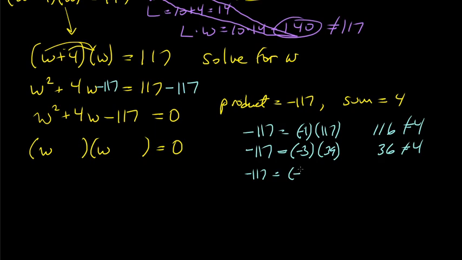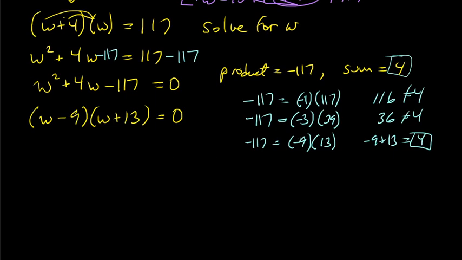What about 7? Nope. 8? Nope. Try 9. Yep. 9 times 13 is 117. So negative 9 times 13 is negative 117. And negative 9 plus 13 is positive 4. There's our match. So the two numbers are negative 9 and positive 13.